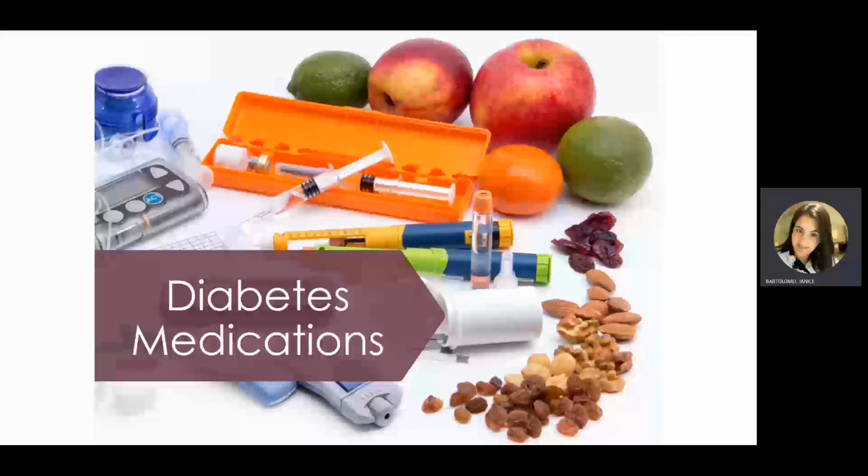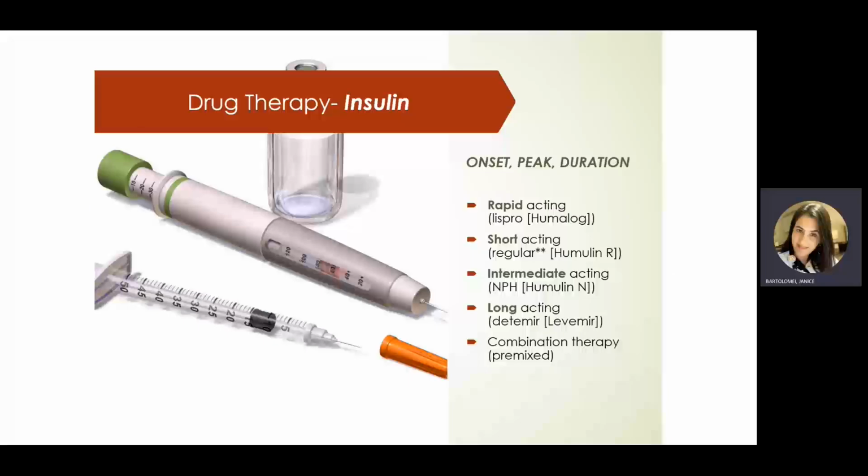Let's first start by talking about the insulin. So, diabetics, especially type 1 diabetics, always use insulin. Now, granted, type 2 diabetics occasionally, as the disease progresses or during stressful times or sickness, might have to be supplemented with insulin.